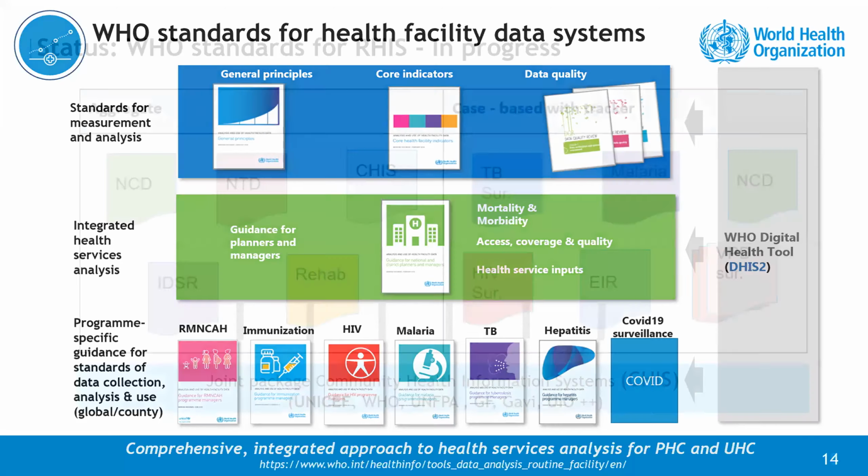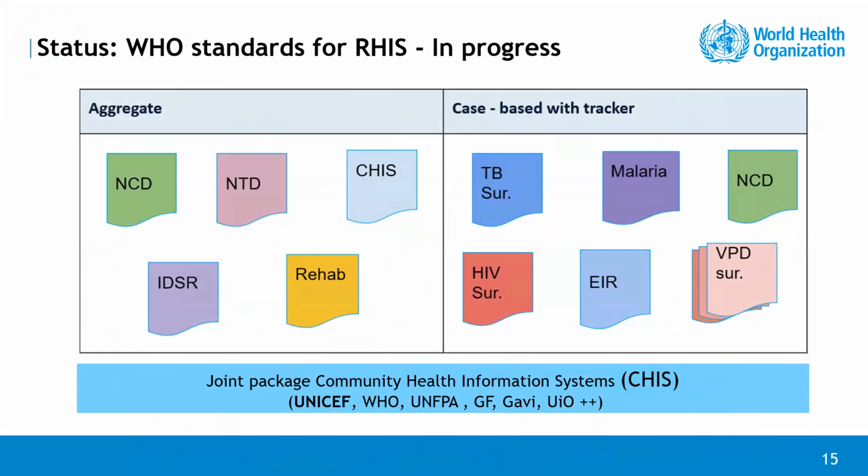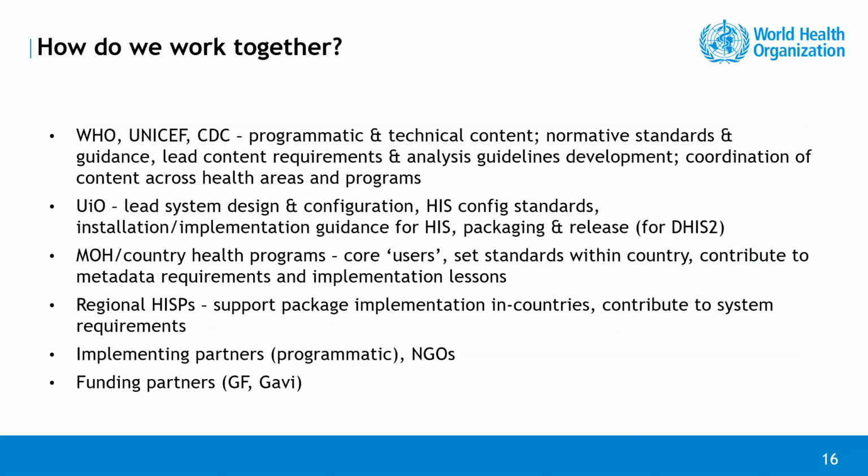We have more in the pipeline, moving from aggregated reporting into case-based with trackers. But also one of the things that has been coming up a lot recently is the community health information system as one of the core points for primary health care, which is an essential part of universal health coverage.